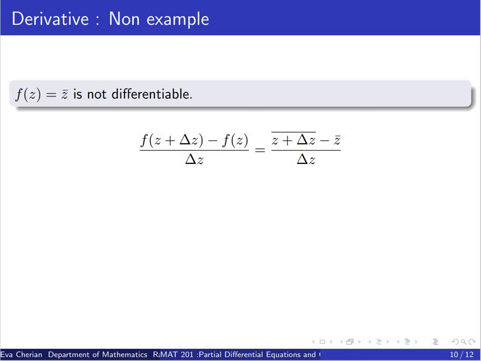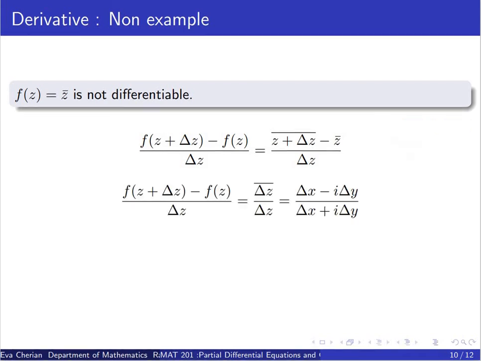So this is ((z plus delta z) the whole conjugate minus z conjugate) divided by delta z. If we apply properties of complex numbers, this is (z conjugate plus delta z conjugate minus z conjugate) divided by delta z. z conjugate can be cancelled out and then our limit becomes delta z conjugate divided by delta z.